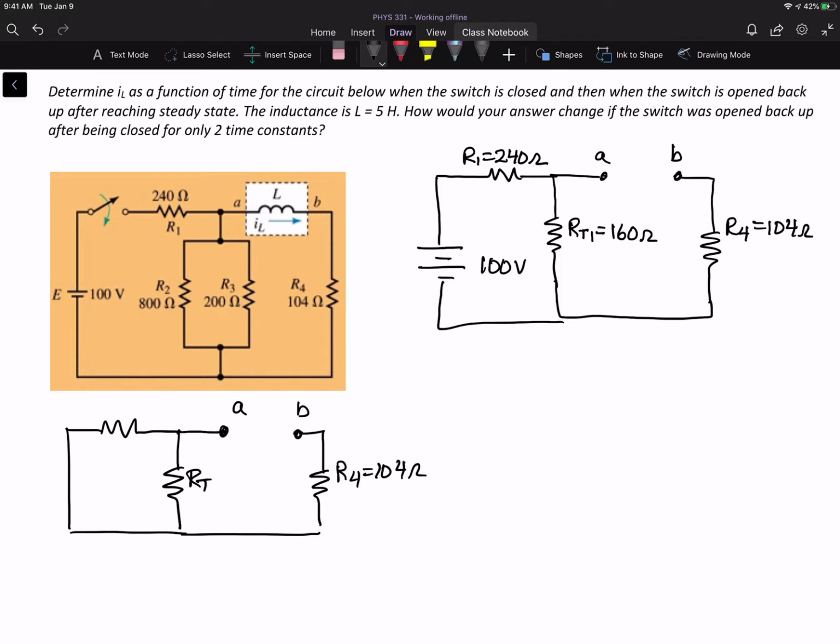Where R1 and R total 1 are in parallel with one another.